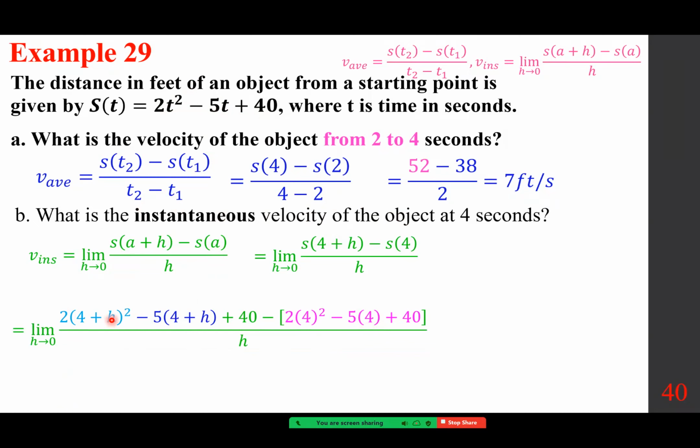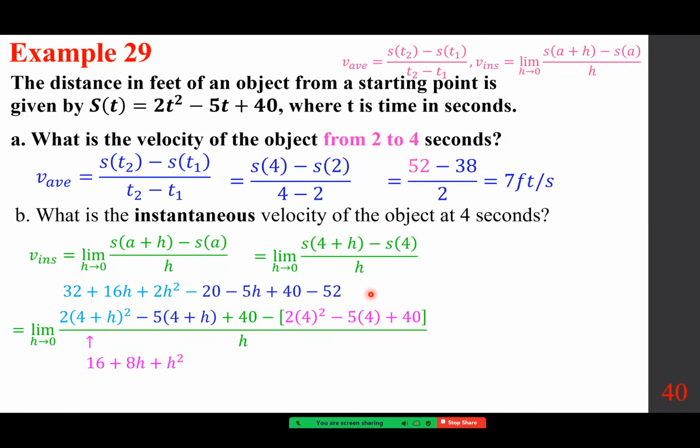So 4 plus h squared, as you know, is 16 plus 8h plus h squared. And if we multiply it by 2, we get 32 plus 16h plus 2h squared minus 20 minus 5h plus 40, and minus, we are going to use the 52.